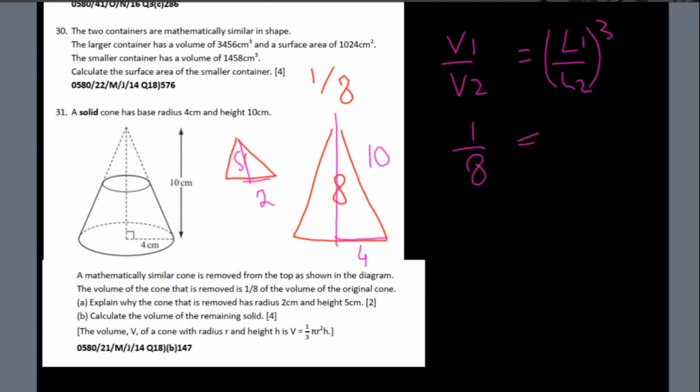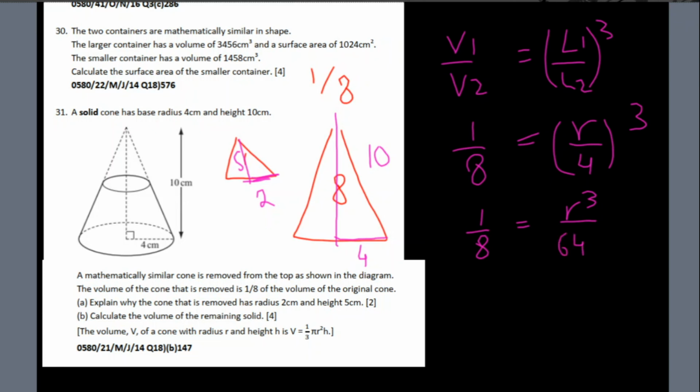So whatever their original values are, when we simplify them, we get 1 over 8 equals L1 over L2 cubed. For the radius, the smaller radius over the bigger radius is r over 4, whole cube. Now solve this and you should get r equals 2. This is 1 over 8 equals r cube over 4 cube, which is 64.